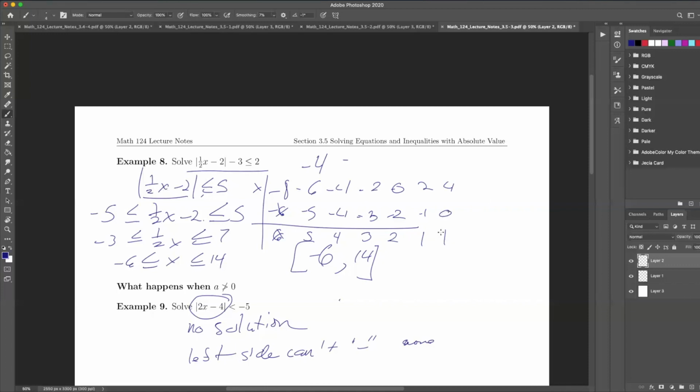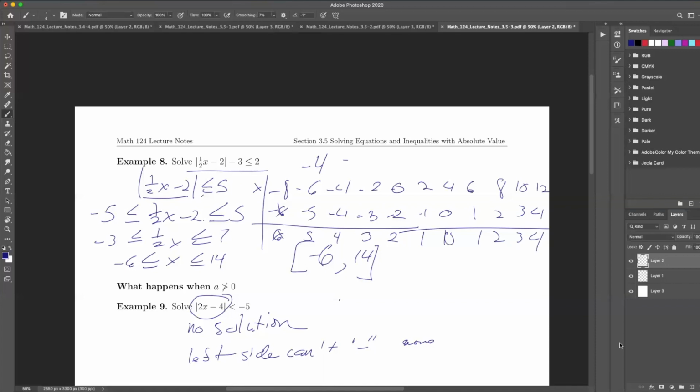It gives me 0 as my absolute value. Let's just keep going. Just trust me that 6, 8, 10, and 12 give me 1, 2, 3, and 4 respectively, which gives me the absolute value 1, 2, 3, and 4.